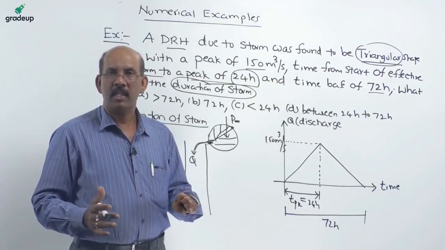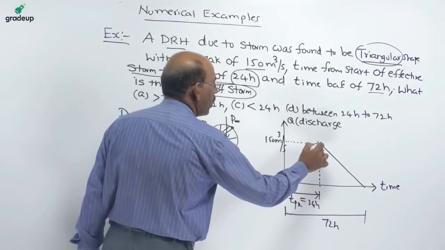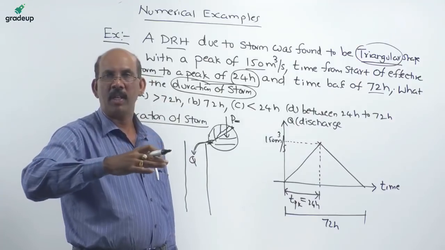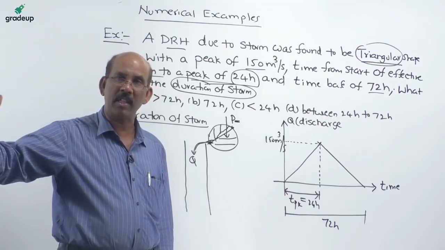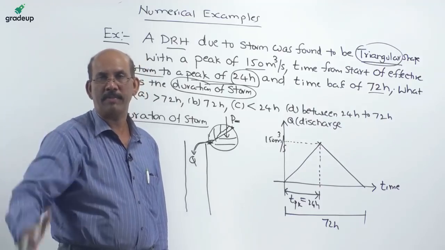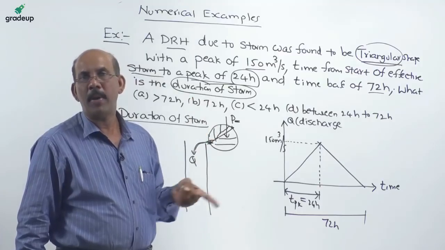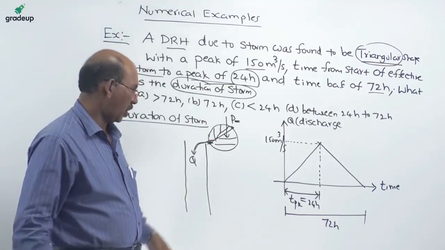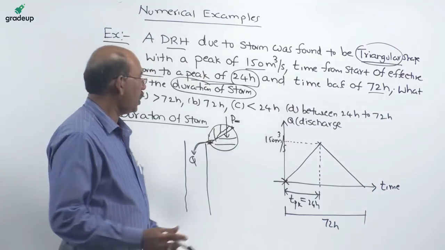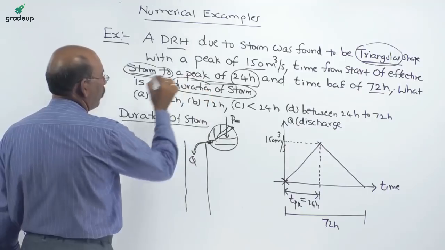The peak flow which occurred in the river, as per our hydrograph, you see in the river at the 24th hour. At a time of 24 hours the peak flow starts, this is the start. So, the effective storm to peak flow.